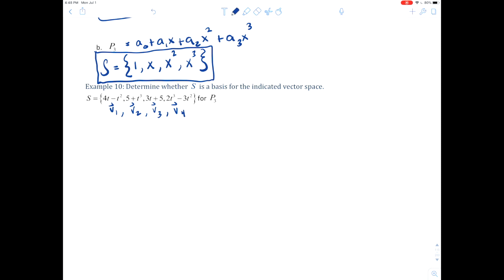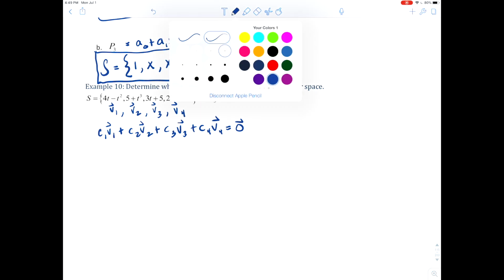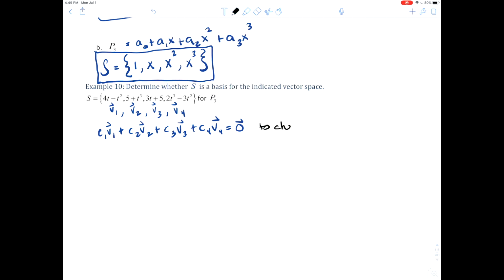So I like often checking for linear independence first, right? So C1 V1 plus C2 V2 plus C3 V3 plus C4 V4 would be the 0 vector. This is checking for linear independence.